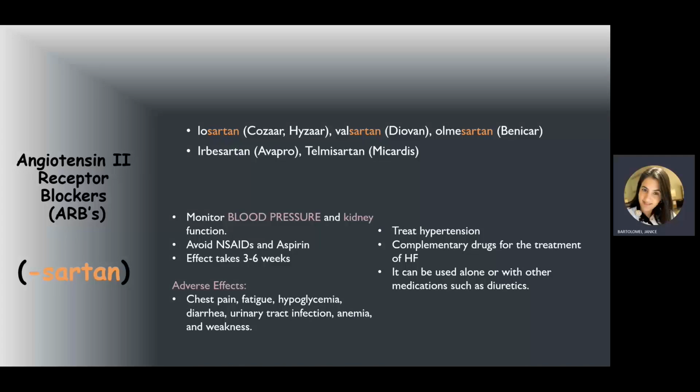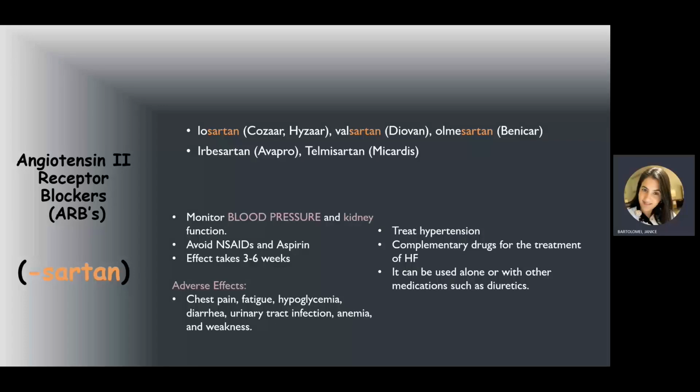So with these, some of the adverse effects are they can cause fatigue, same. They could cause hypoglycemia, urinary tract infections, anemia, and diarrhea. Okay. Now, ACEs and ARBs, you can use them with diuretics, and you will see them commonly used with diuretics.